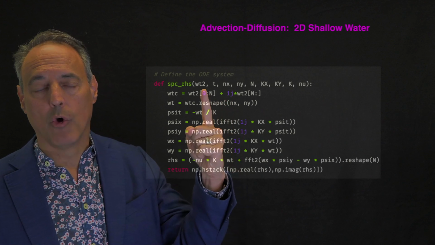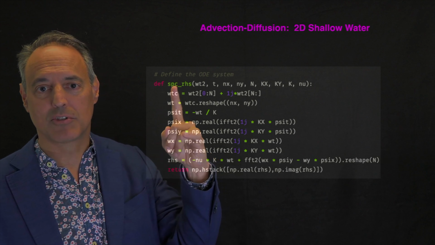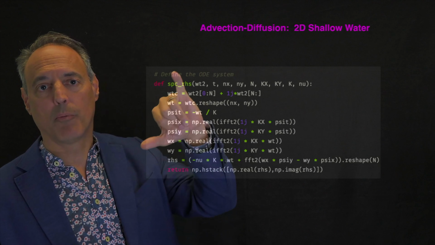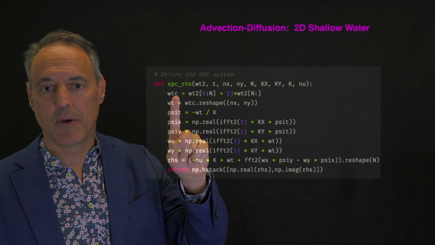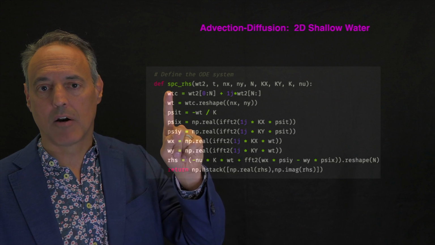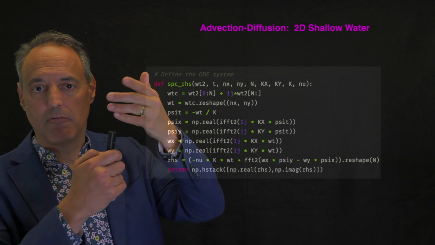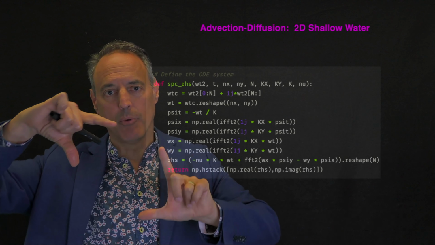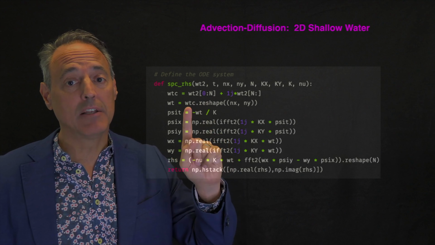So the way that we send in the data is you can't send in complex data into this right-hand side, at least from the stepper I'm using. You have to then send in the real part and imaginary part. So the first thing I do is glue them together. And there we go. That is our vorticity in the vector space. I now reshape it back to the original XY type coordinate system. So this isn't, remember, in the Fourier domain.